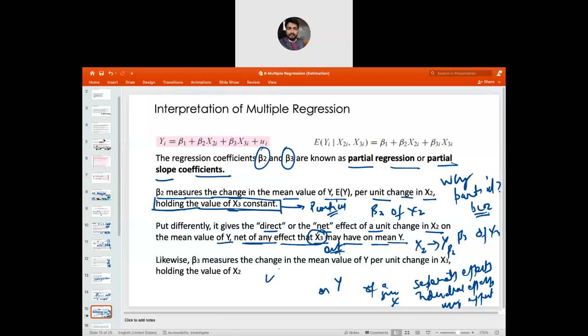So that's why these are known as partial regression coefficients or partial slope coefficients, and not simply, as we generally call them, slope coefficients or regression coefficients, right? But in a stricter sense, being terminologically correct, we have to say that these are actually partial regression coefficients.